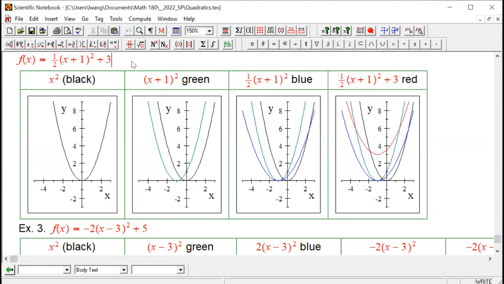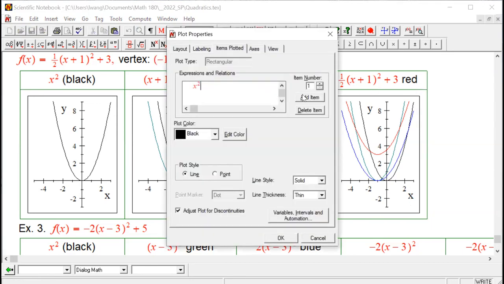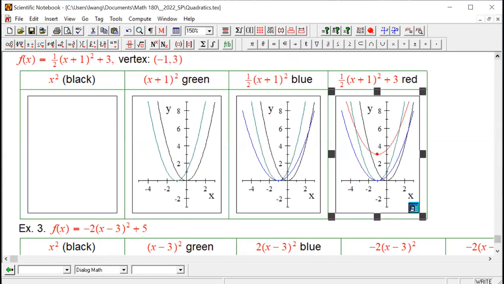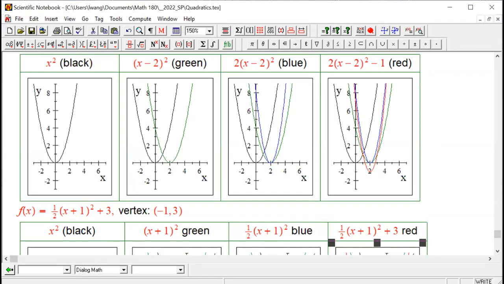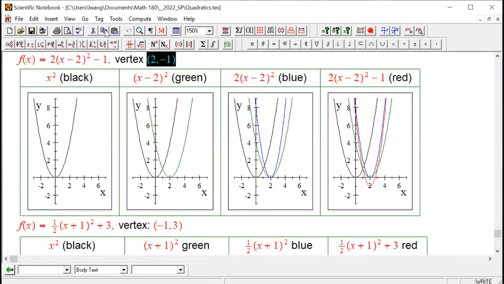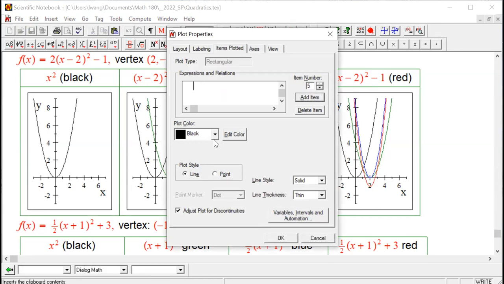So this vertex is -1, 3. If you put that point on the graph, you put a red dot there. On the previous one, the same thing: the vertex was 2, -1. Red dot.